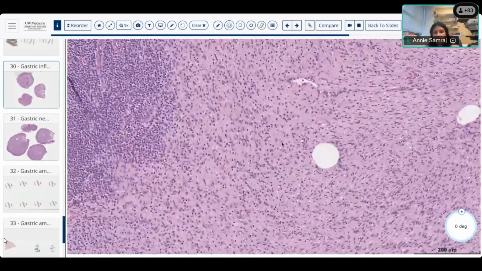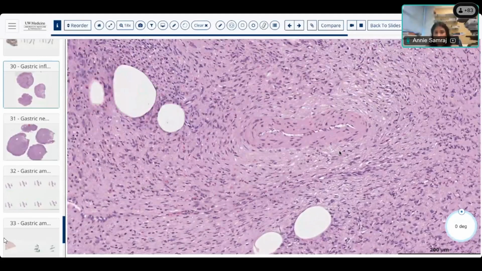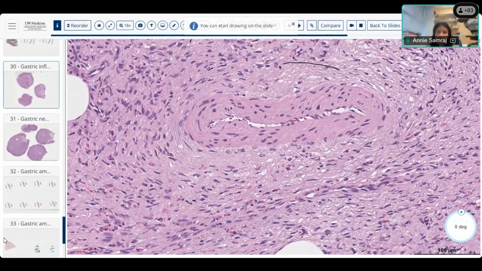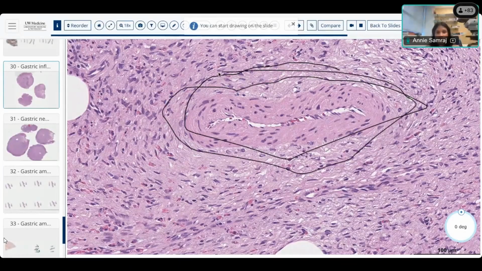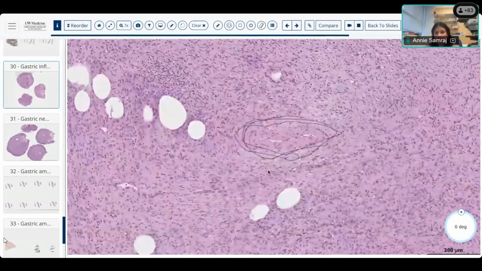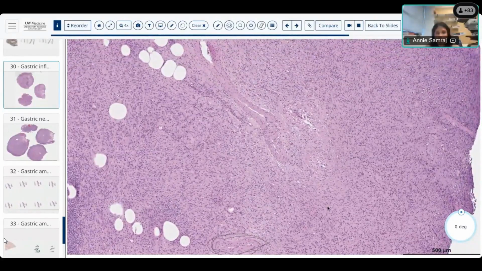And then the other thing that is characteristic of this tumor is what we call onion skinning. Here is a vessel, and do you see how these cells are concentrated around the vessel? It's almost like layers of an onion. So this is what we call onion skinning, and that is another characteristic feature of this neoplasm.